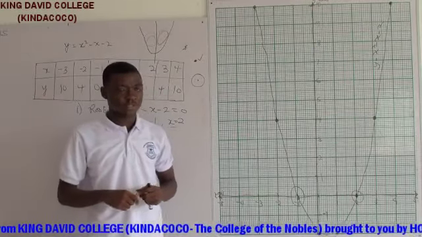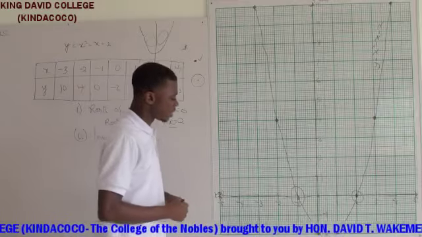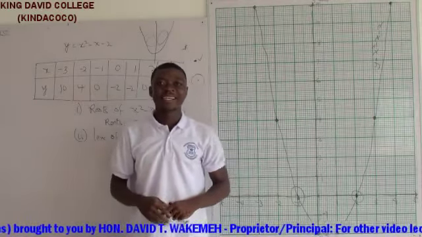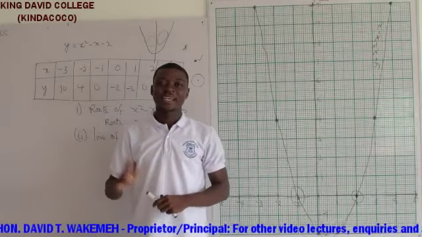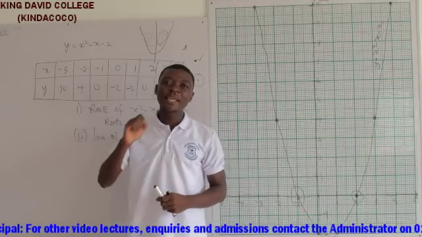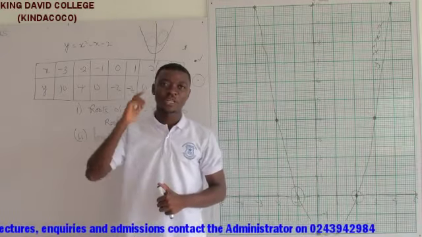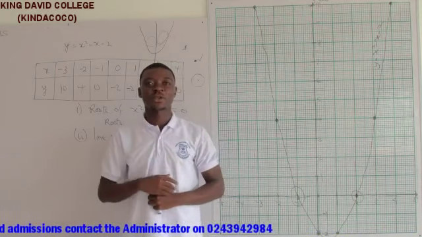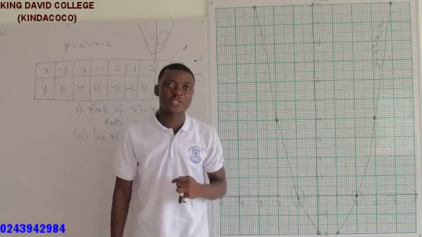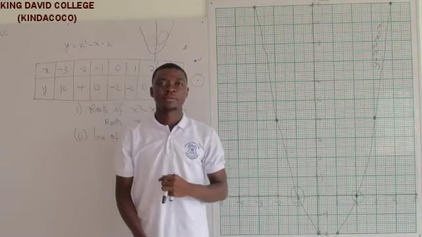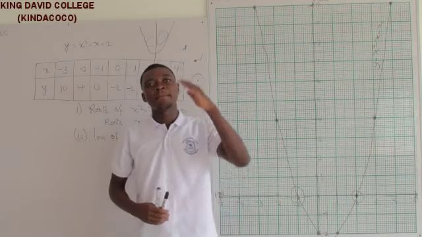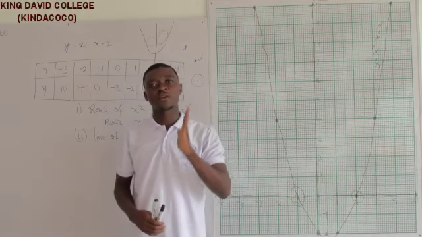Only one symmetry. Okay, so always, the line of symmetry is supposed to pass through the minimum point of your curve, or the maximum point of your curve. The line of symmetry is a straight vertical line passing through the minimum point of your curve.